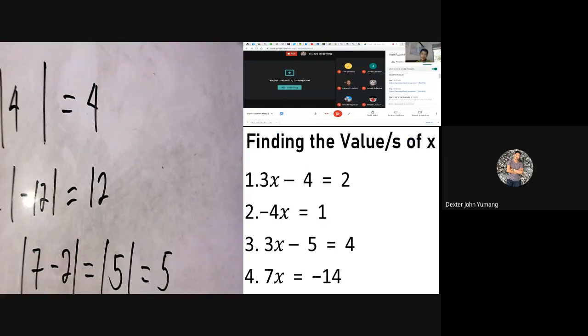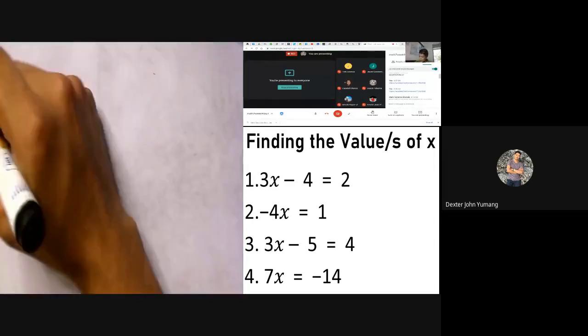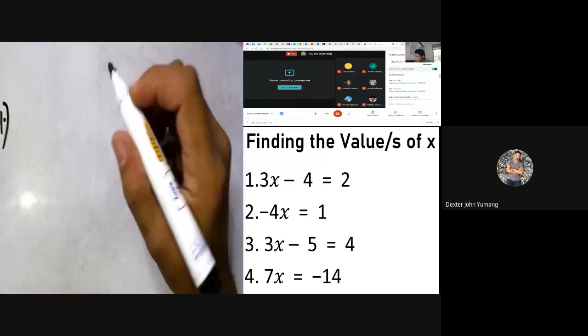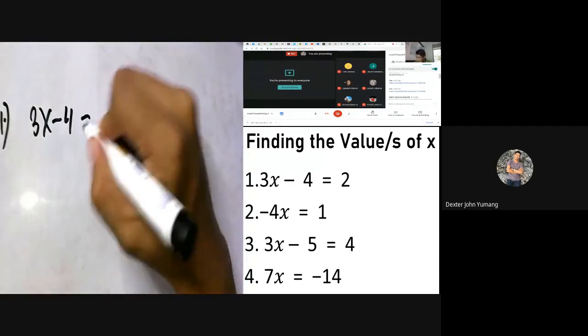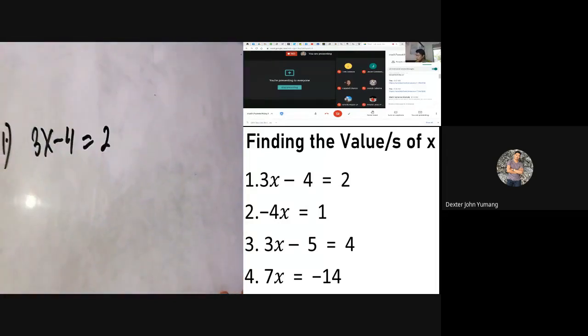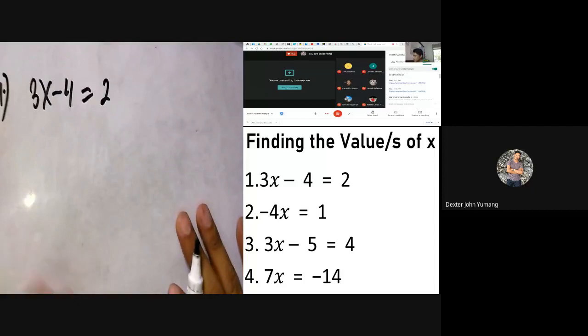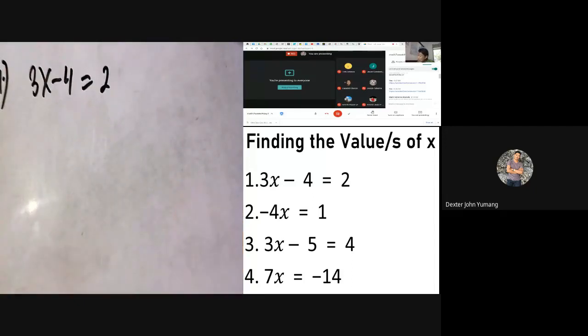Okay, let's continue. So we have finding the value of x here. Number one, 3x minus 4 equals 2. Let's do the algebraic method first. When you say algebraic method, we solve it using the laws and properties of algebra.